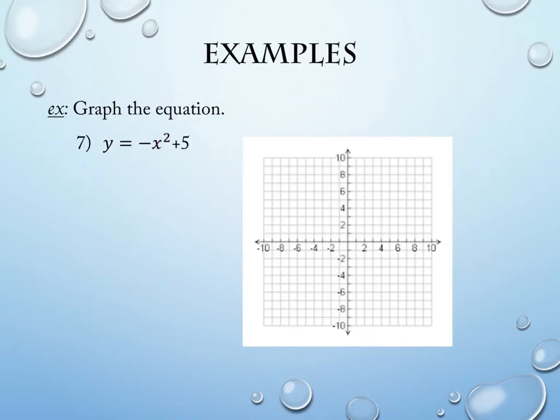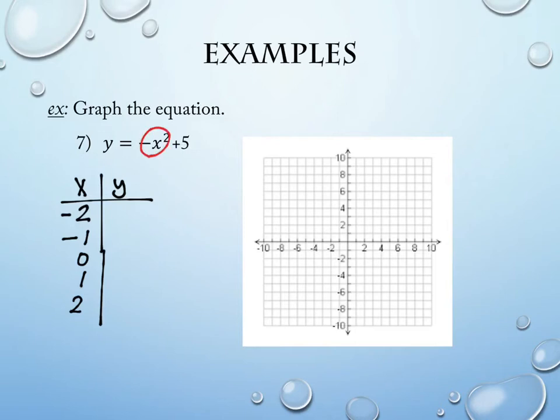So in particular, let's take a look at number 7 with that particular equation given. So x and y. I can still use that negative 2, negative 1, 0, 1, and 2. I actually had all the values from the first part because this is the same equation at the beginning, isn't it? It's negative x squared. So if you refer back to your table, we can shortcut this one a little bit. We already calculated each of those. We just need to add 5.